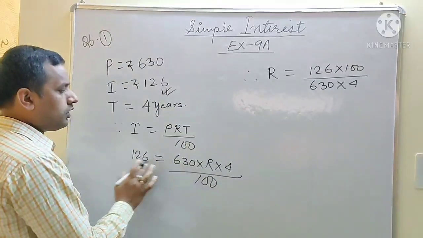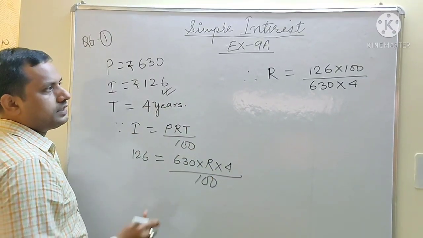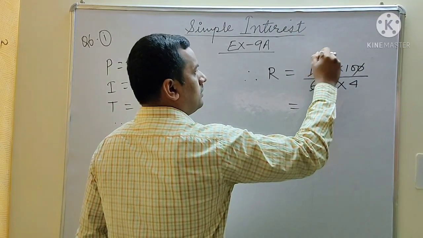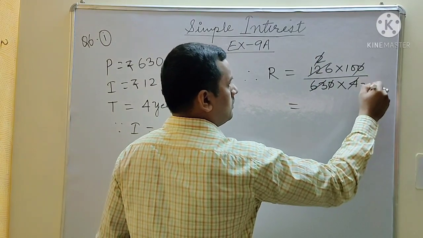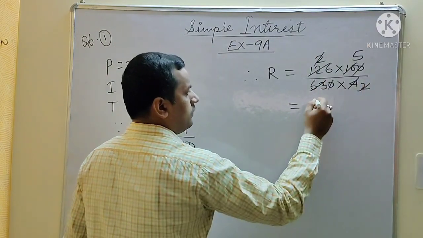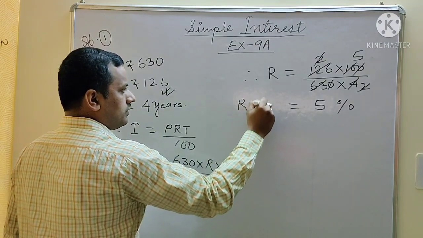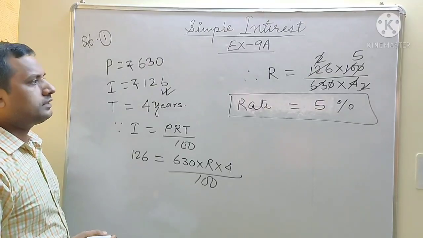We have transposed all the numerical values to one side and left R on the other side. So we get 5. That means the rate will be 5%, and the question is asking what is the rate.